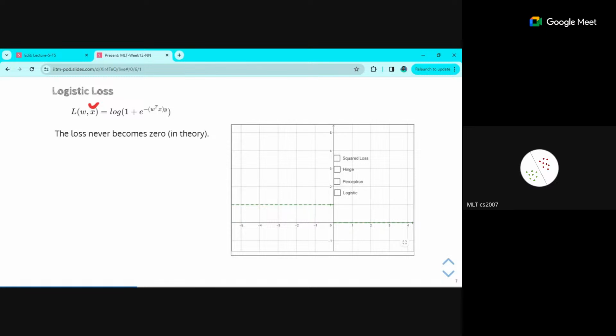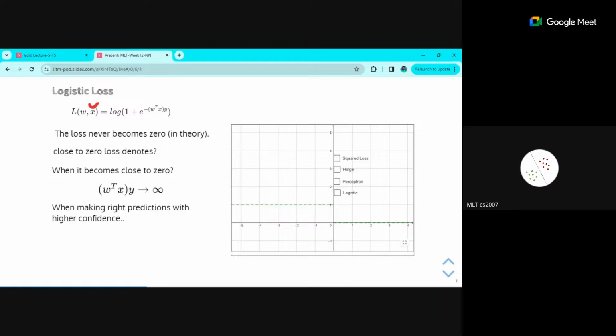Exact 1 and exact 0 typically won't happen. But this is somehow a smoothed version of the hinge loss. It penalizes more or less near to the hinge loss, but less than the squared loss, for misclassification.